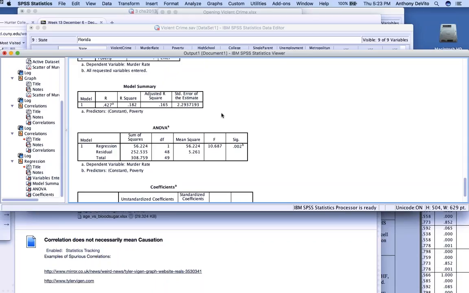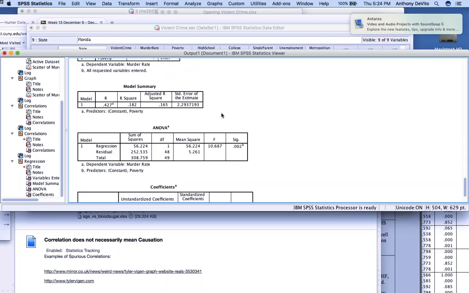The higher the R value is, the better the correlation is, and the more of the variability in the output variable, the dependent variable, is determined by the independent variable. 18% of the variability in the murder rate is predicted by the poverty rate.